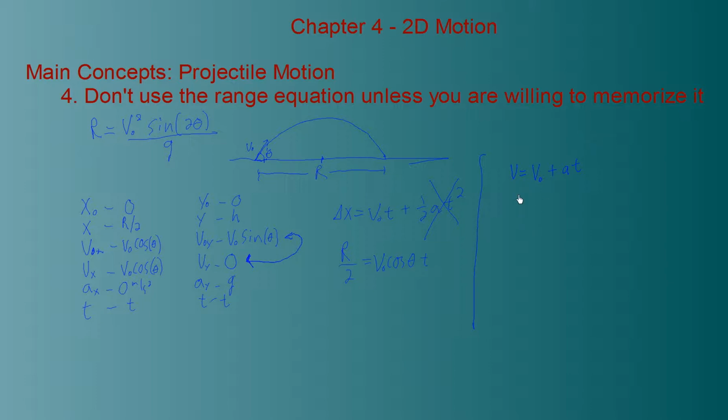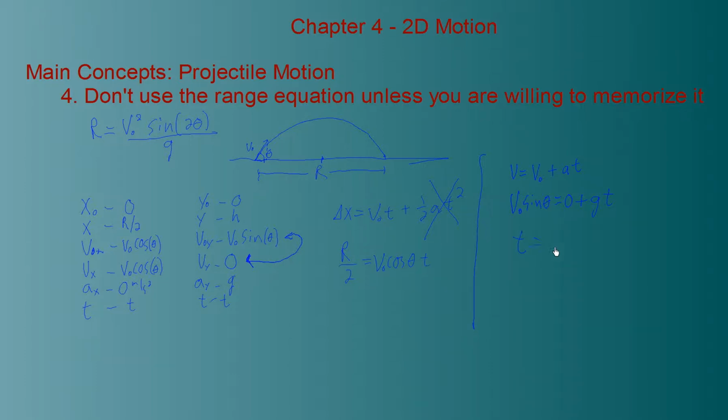So then what we got here is v initial sine theta equals 0, because again I switched them, so the initial velocity up here is 0 if we're going on the way down, plus gt. G is acceleration due to gravity. If I solve this for t, then I can plug it in here and get rid of t. So let's do that.